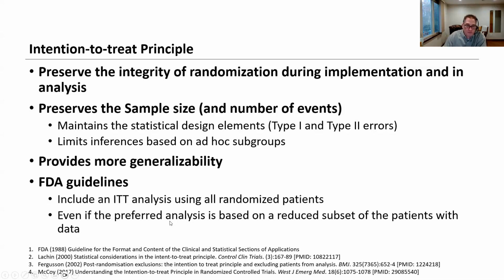This is even if the preferred analysis is based on some reduced subset of the patients with data, right? So the mantra here is once randomized, always analyzed, and it is largely the preferred primary outcome.